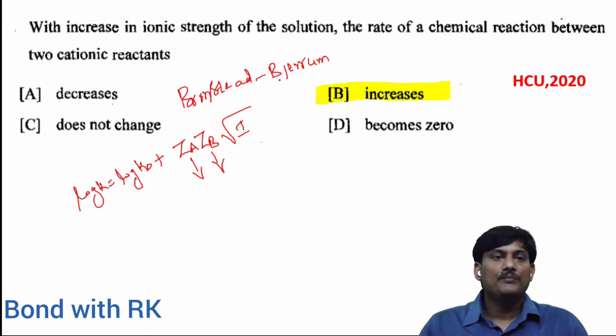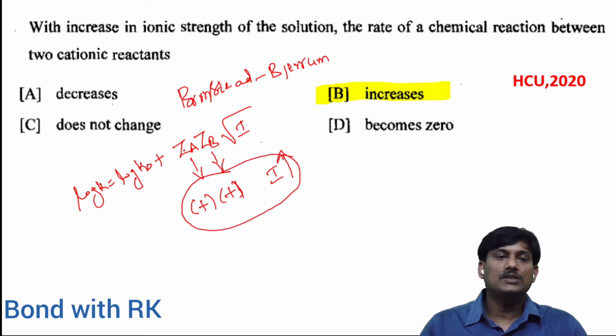Suppose you take two cations, so this one has positive charge plus 1, this one is plus 1, and you are increasing the I value. When there is an increase in I value, the total term ZA ZB root over I increases. So the rate constant, log K is equal to log K naught plus a positive term.